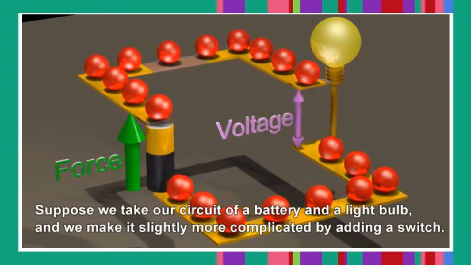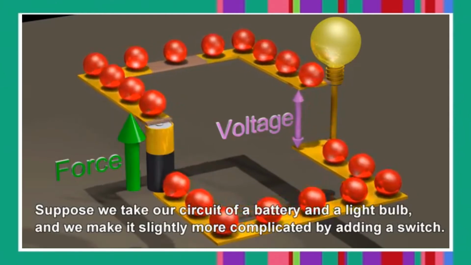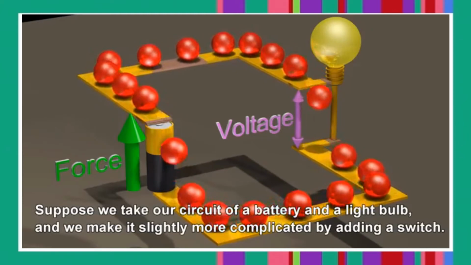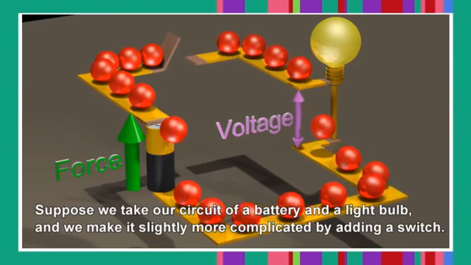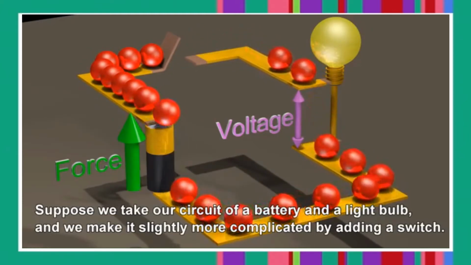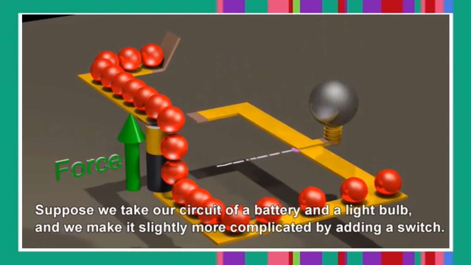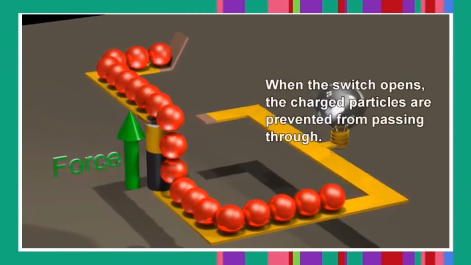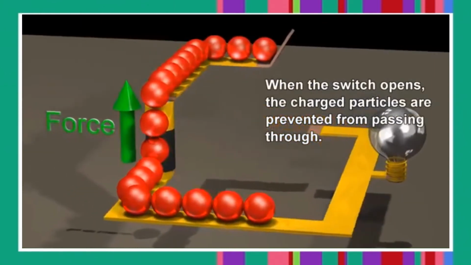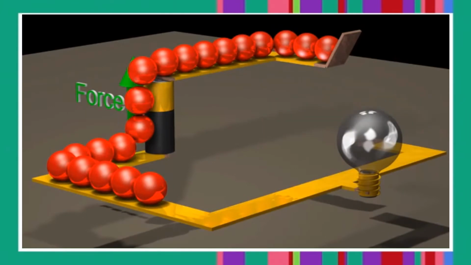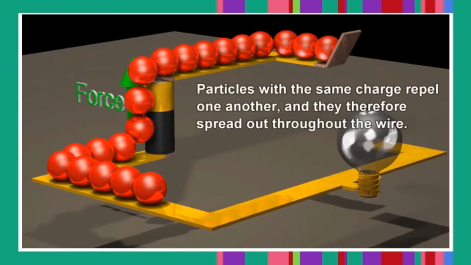Suppose we take our circuit of a battery and a light bulb and we make it slightly more complicated by adding a switch. When the switch opens, the charged particles are prevented from passing through. Particles with the same charge repel one another, and they therefore spread out throughout the wire.